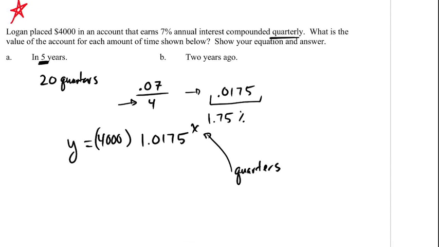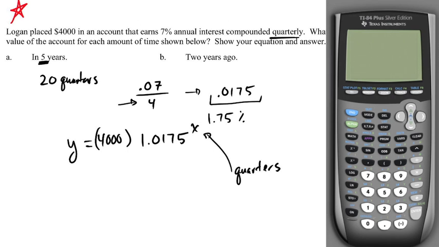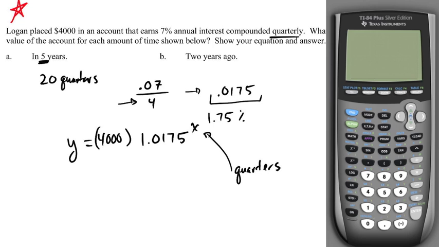Well, let's grab our on-screen calculator, friend. Let's see, calculator, there we go. And I'll turn it on. So I get 4,000 is my initial deposit times 1.0175 raised to the 20th power.